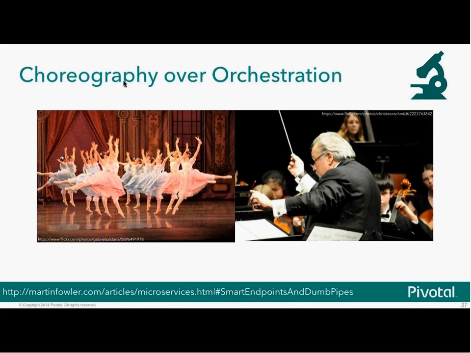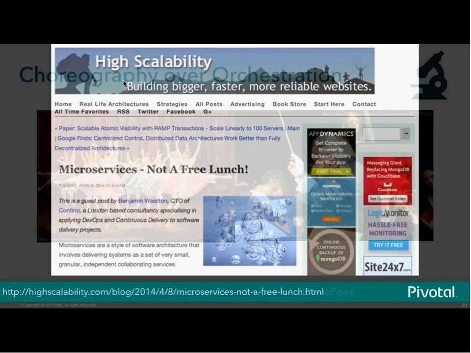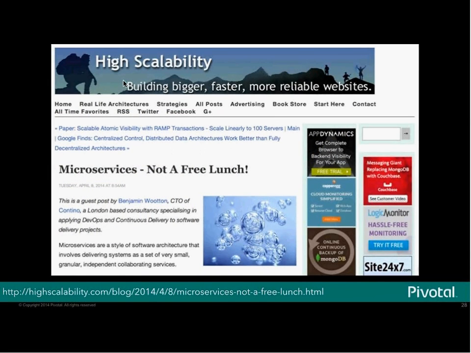And that's what we find in these microservices-based architectures, where the services themselves are actually responsible for their integration with the surrounding ecosystem, which is a nice segue into this idea that none of this is a free lunch.